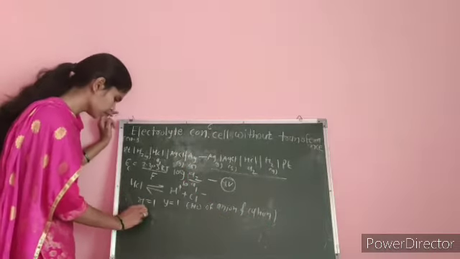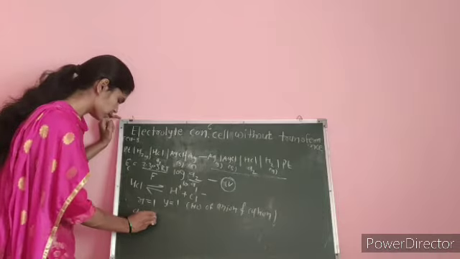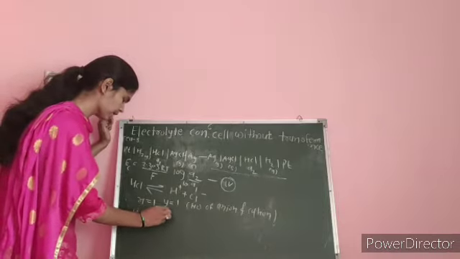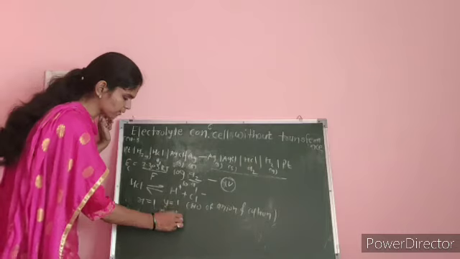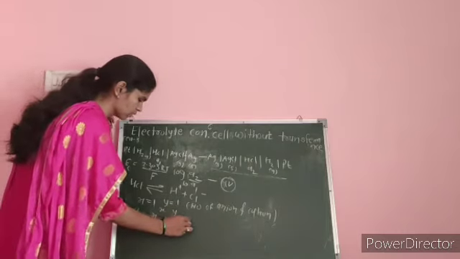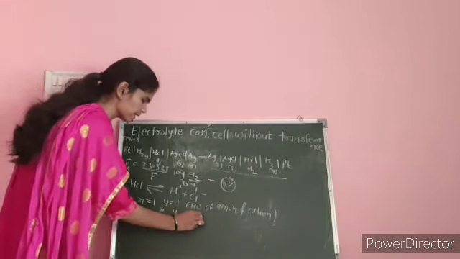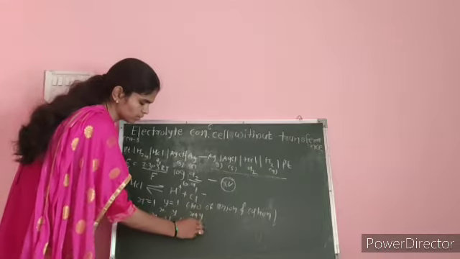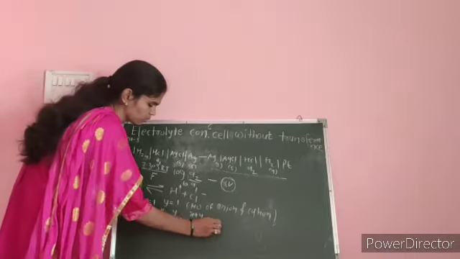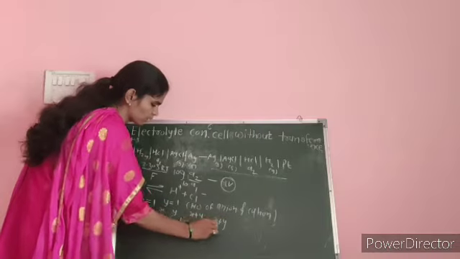Here we write down activity a is equal to x raised to x into y raised to y into m raised to x plus y into gamma raised to x plus y.